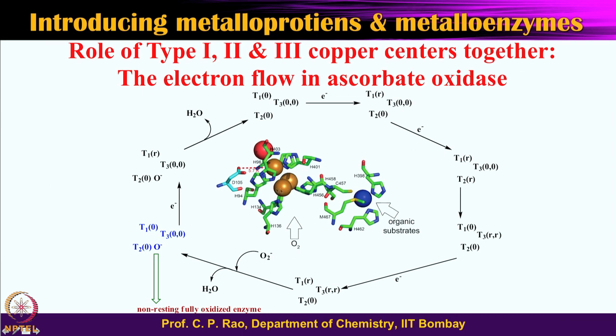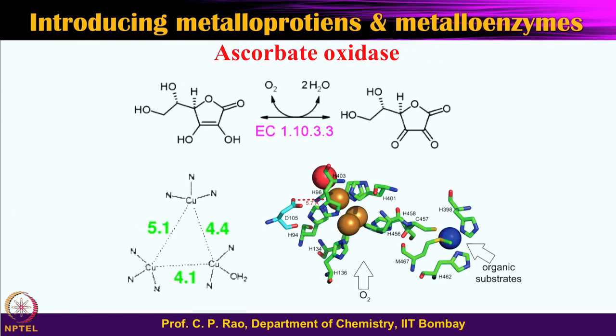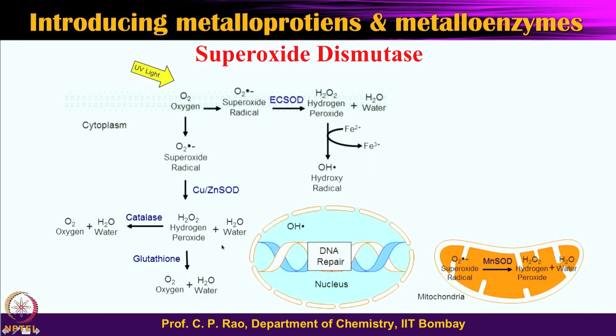Therefore, type 2 and type 3 together activate the O2 and type 1 does the redox process. Overall the substrate is oxidized and O2 is reduced, and if the substrate is already diphenolic or di-OH, then both the O's will go as water, and that is what you see in the dehydroascorbic acid. This is where I explained that all three are sitting together in a coordination.